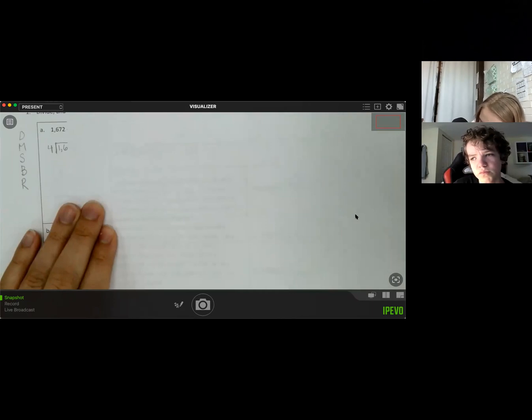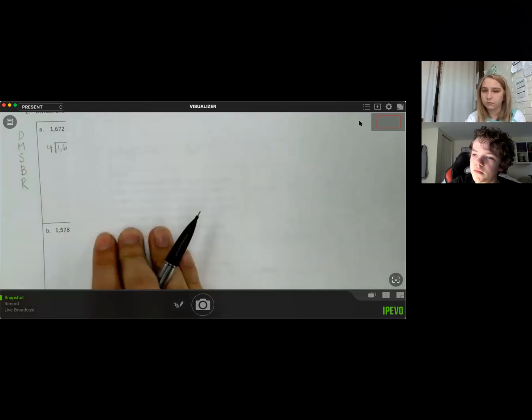Can we do 16 divided by 4? Right, I see some people nodding their heads. Yeah, we can take a group of 4 away from 16. So let's start with 16 divided by 4.